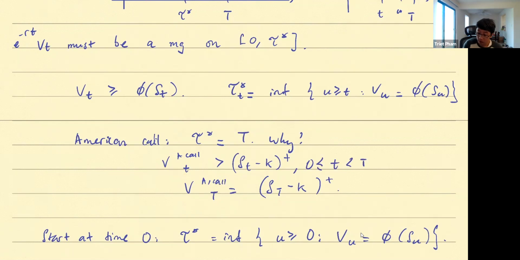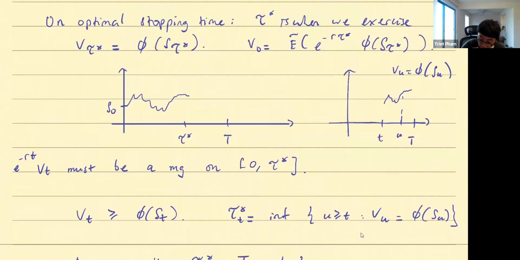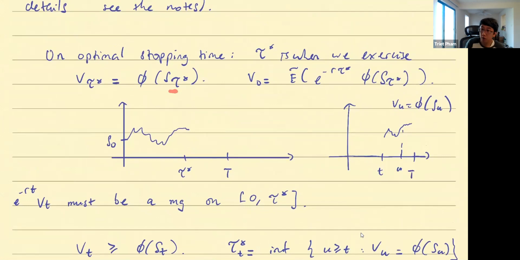Does that make sense? So the rule for the optimal stopping time in general, for any American option, is this: you wait and wait and wait until the option value is equal to the intrinsic value, the exercise value, and then you exercise. That's the optimal stopping time.